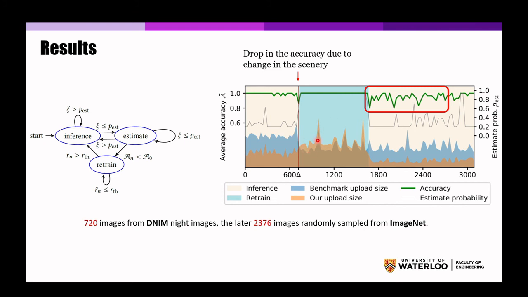That's why you will see an increase in the uploaded size of the image. Therefore, the accuracy and the estimated probability will be locked to 1.